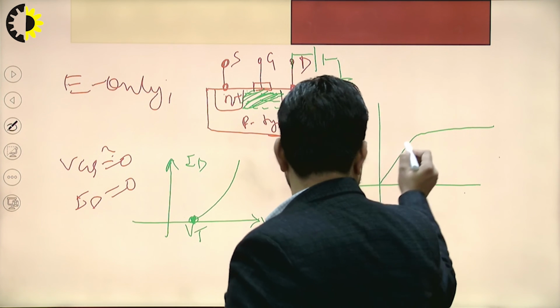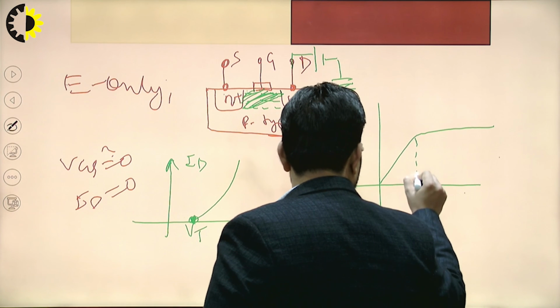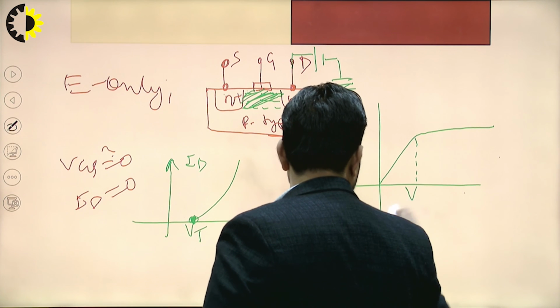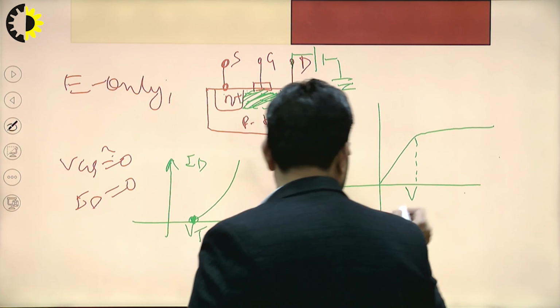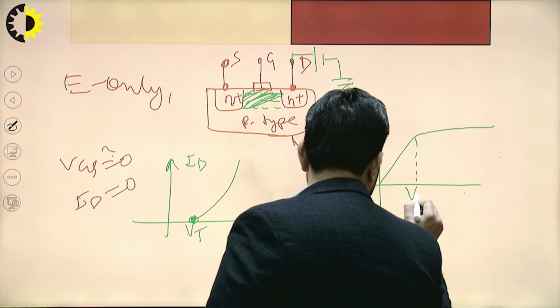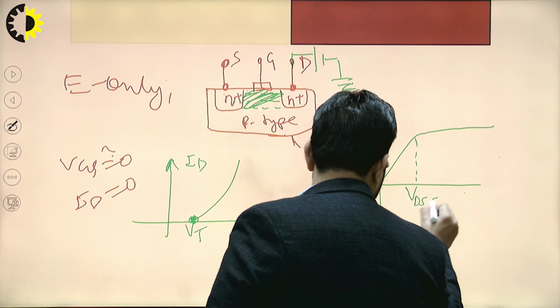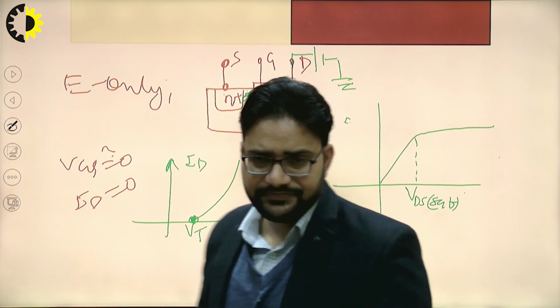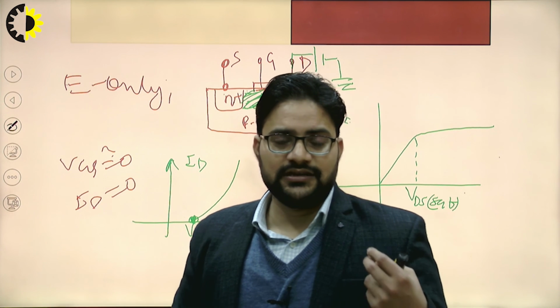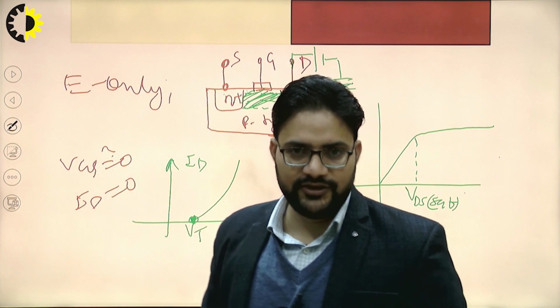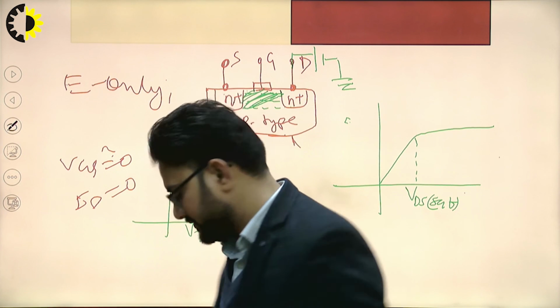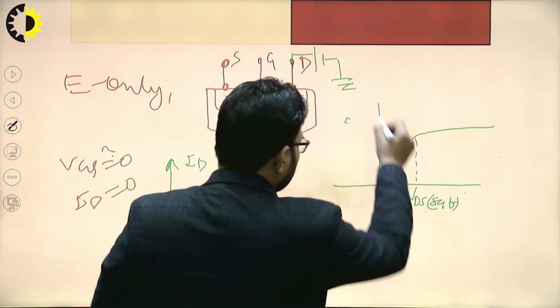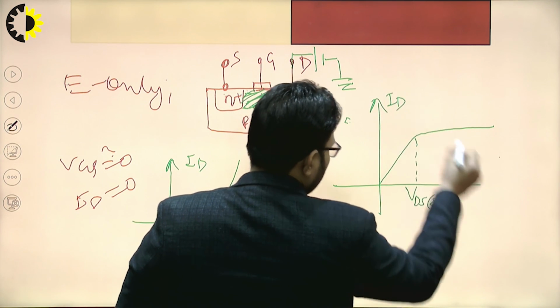So this point is called the VDS saturation point, right? After this, the transistor, that is the MOSFET, will work in the saturation mode only, right? So this is ID and this one is VDS.